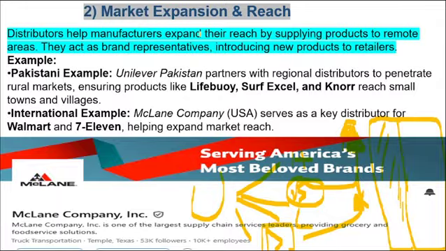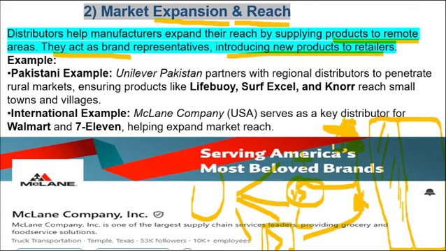So expansion and reach. First of all, they give the real demand, so the manufacturer makes B and D in huge amounts. And they supply that product to those areas, like the remote areas, where the reach of that product has not happened.